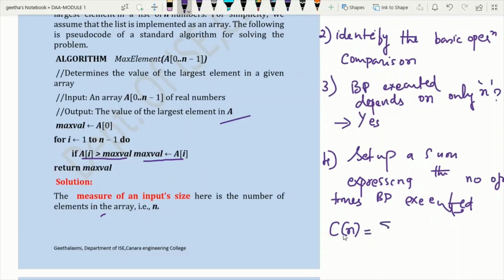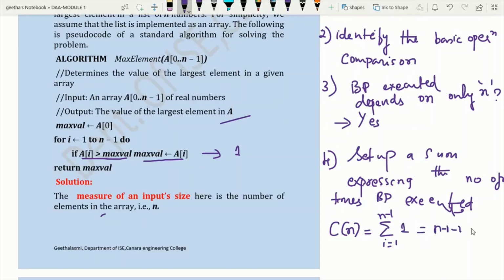So how many times is the basic operation executed inside the for loop? One time. The step count for this is 1. So the summation of 1, for i equal to 1 to n minus 1. This will execute once for each iteration. So totally we can say that it is n minus 1.